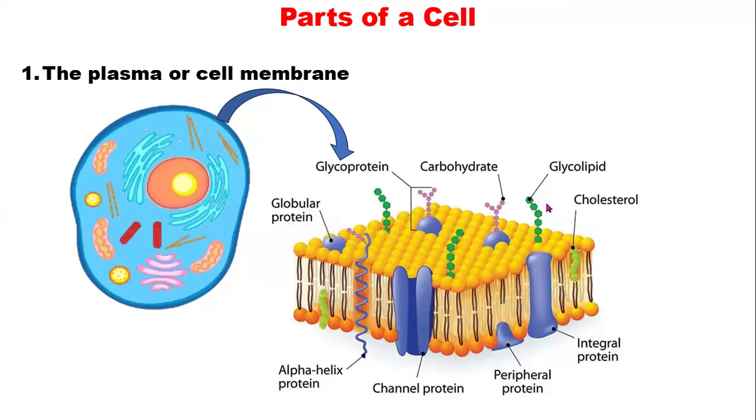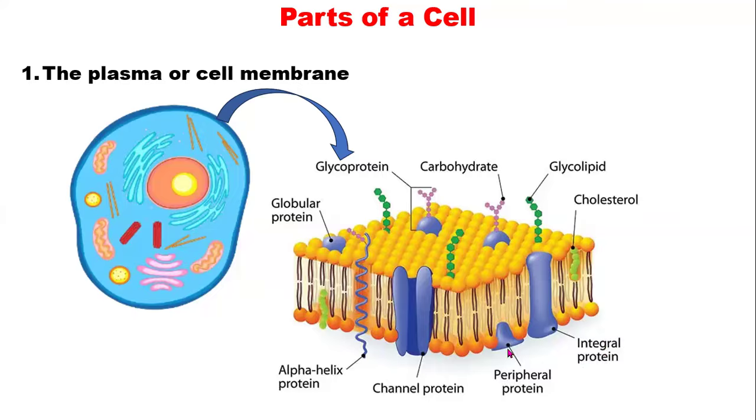You have glycolipid, lipids that have carbohydrate attached to them. You have cholesterol, you have globular proteins, and you can have different types of protein in the cell membrane. There are two types of proteins in terms of how deeply they are embedded in the membrane: peripheral proteins and integral proteins.